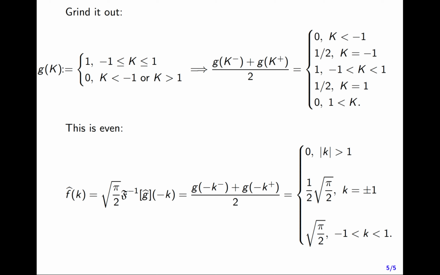So I claim that this is what the Fourier transform of sinc is at k. It's a nice, simple, constant piecewise thing, just three different kinds of constants here. And I got all this by thinking about a Fourier transform that I knew from the past and seeing how that related to the function at hand, and then using various hypotheses and integrability and continuity conditions and using the inverse Fourier transform theorem.